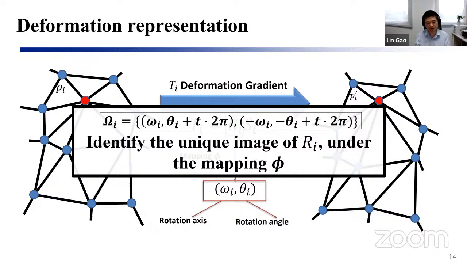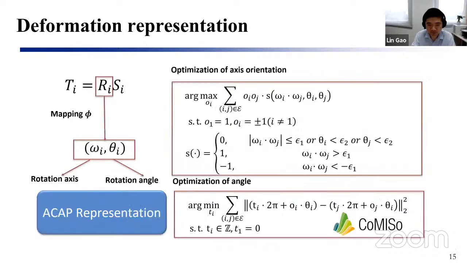For small deformation, it is not necessary to identify the unique image, because we can get it directly. But for large scale deformation, we need some optimization to identify the unique image. So the key idea of the method is here.